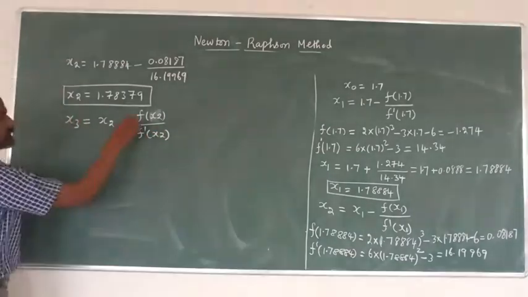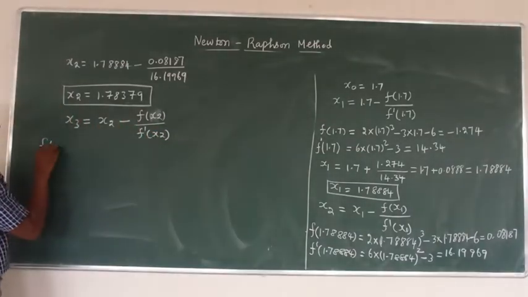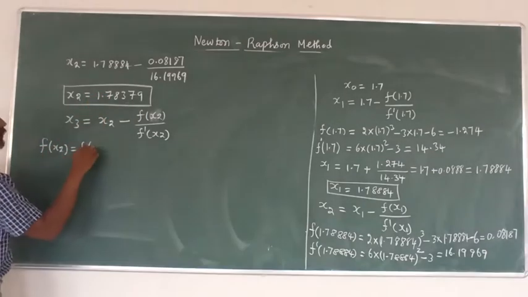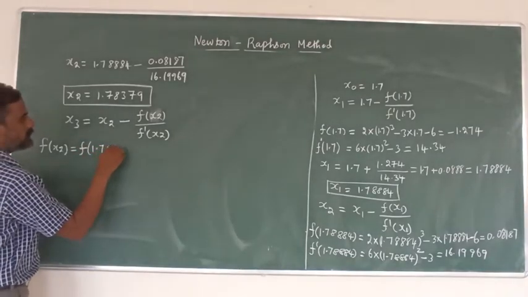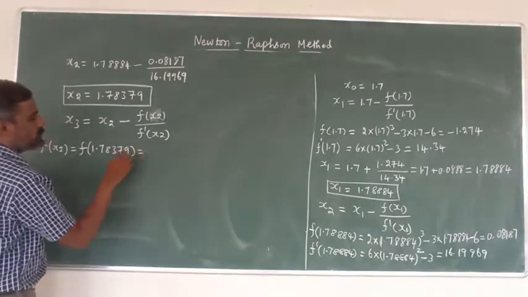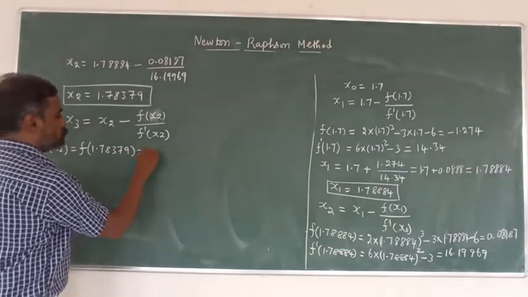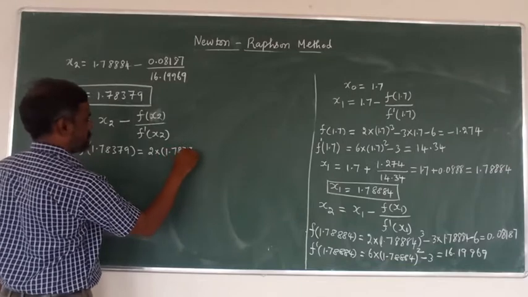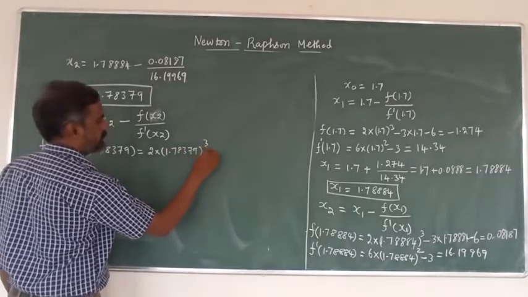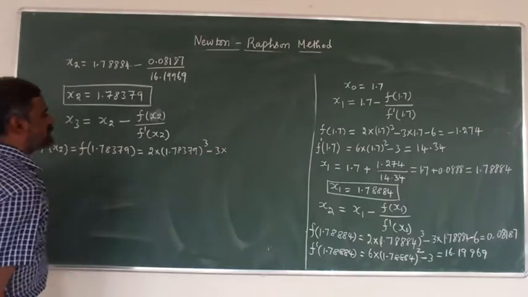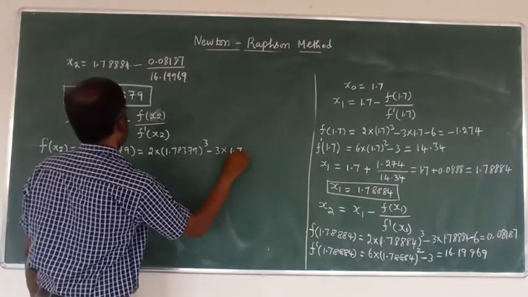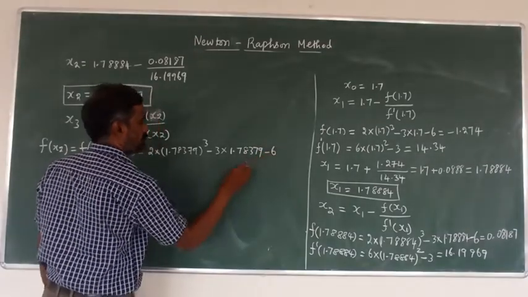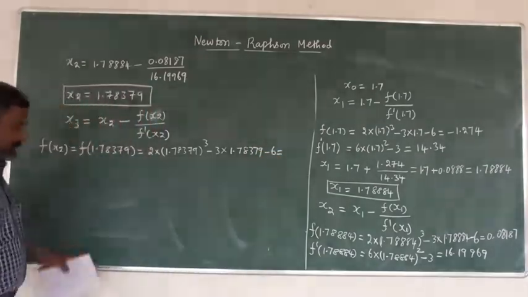Okay, now to find out f of x2, the x2 value 1.78379, substitute in the formula: 2 into 1.78379 cube minus 3 into x value 1.78379 minus 6.